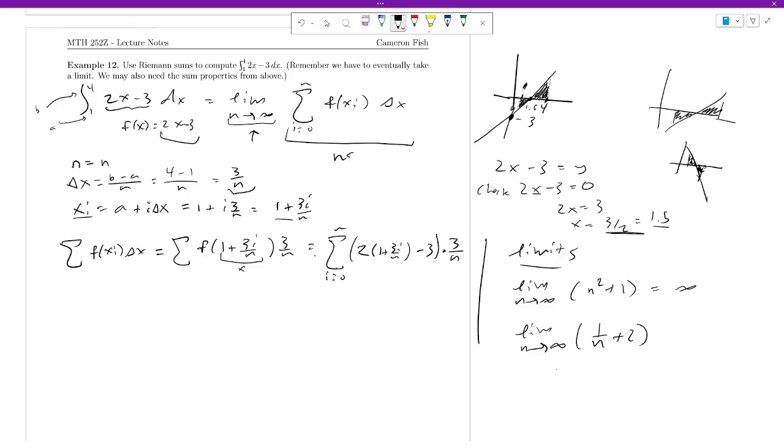You're really imagining a sequence. 1 divided by 1, that's a number. Then 1 divided by 2, that's another number. 1 divided by 3, 1 divided by 4, 1 divided by 5, 1 divided by 6, 1 divided by 100, 1 divided by a million. So I'm imagining this sequence of numbers, and I'm asking, does that sequence approach something? And here, it looks an awful lot like it's approaching 0.